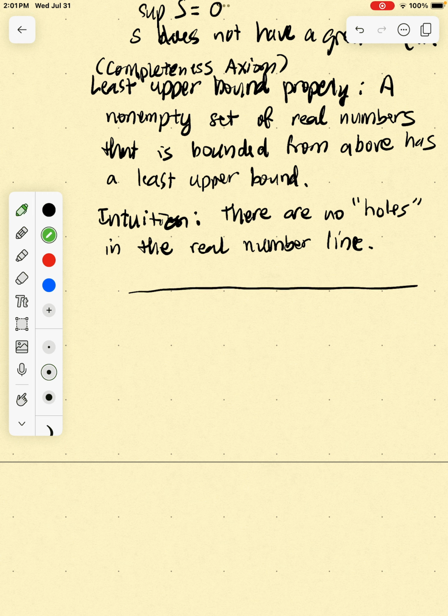Suppose that the real number line was like a line, except it's missing some number. So let's say that this element is not a real number, like there's a hole here. Well, if there was a hole there, then if you look at the numbers to the left of the hole, this set S would be a non-empty set of real numbers that's bounded from above that does not have a least upper bound.